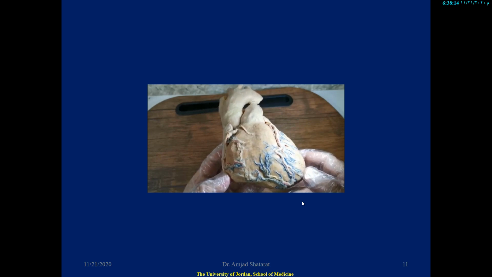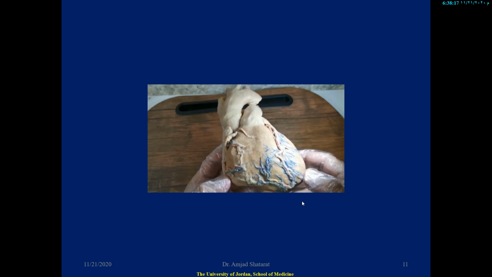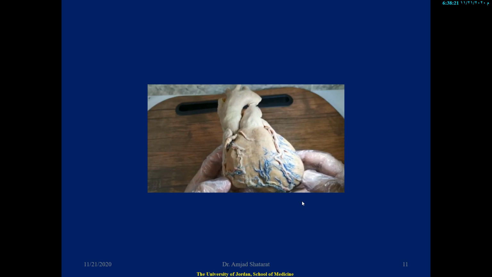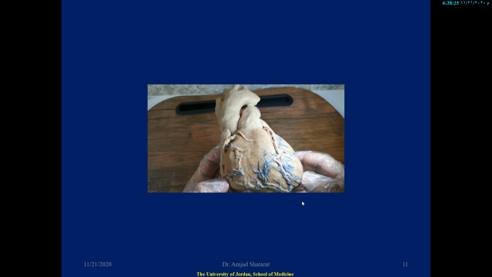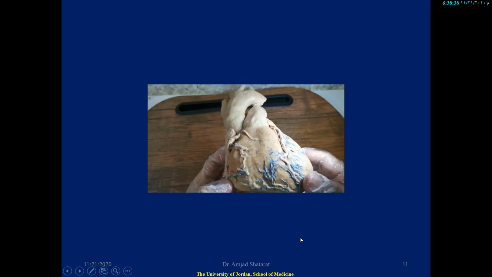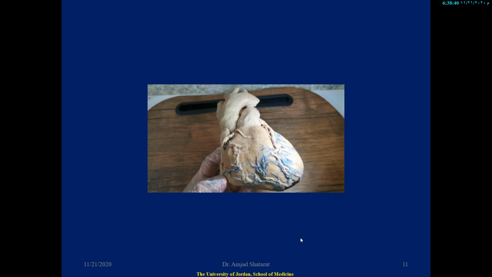This is very important to understand: the rotation of the heart has changed the final positions of these chambers. The sternocostal surface is made not by the left but mainly by the right atrium and the right ventricle.